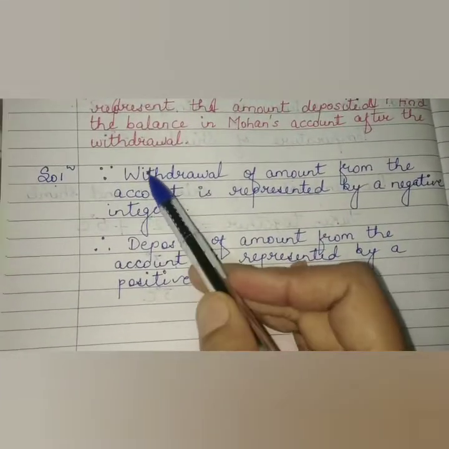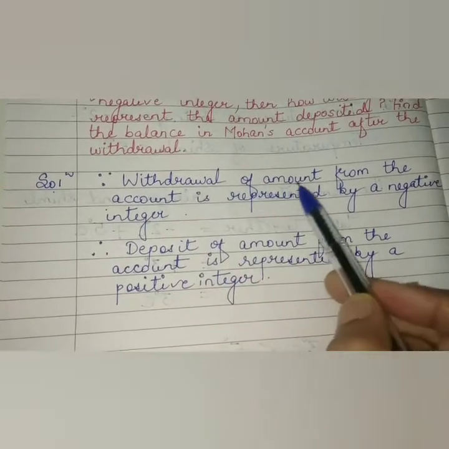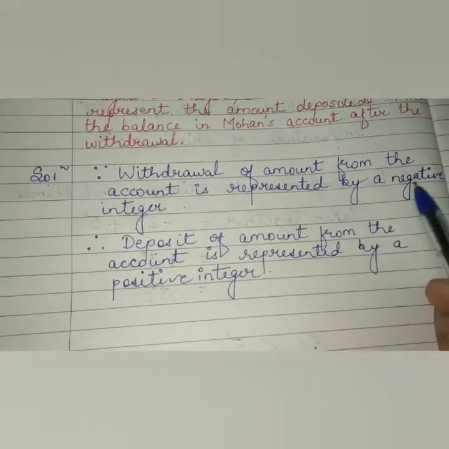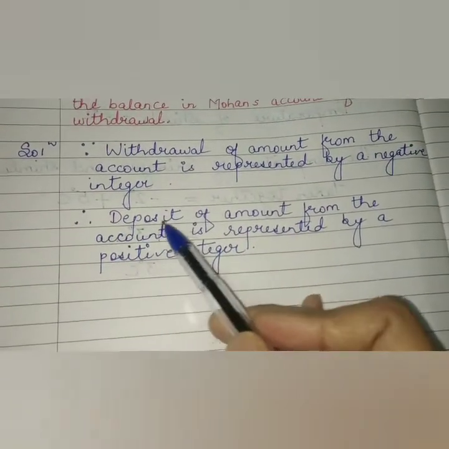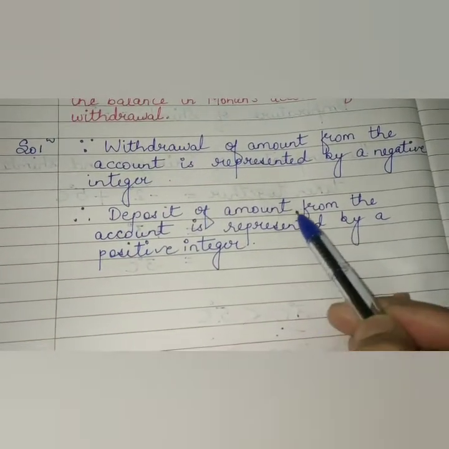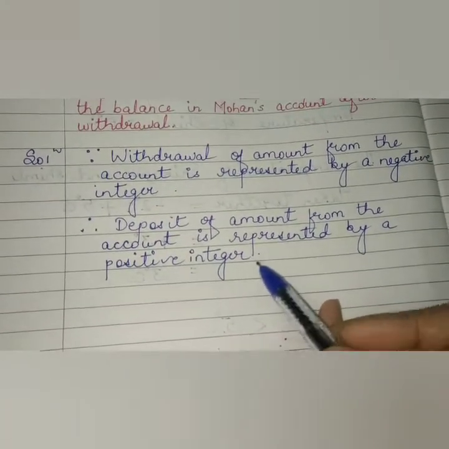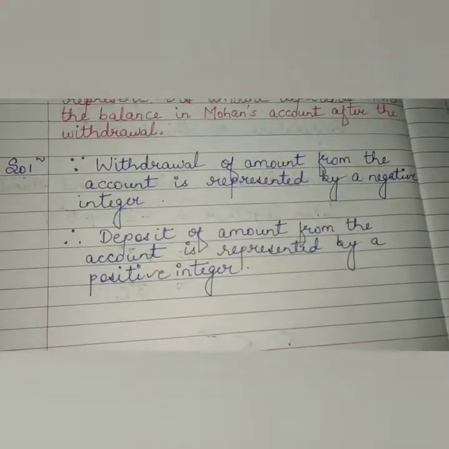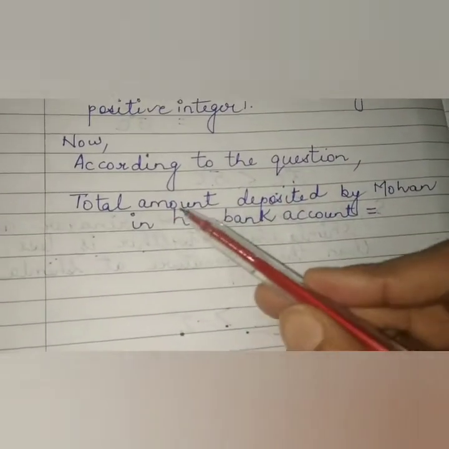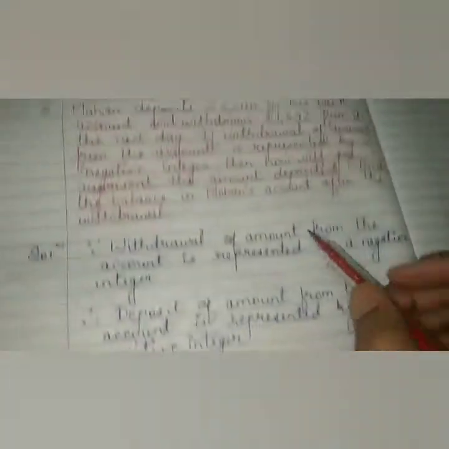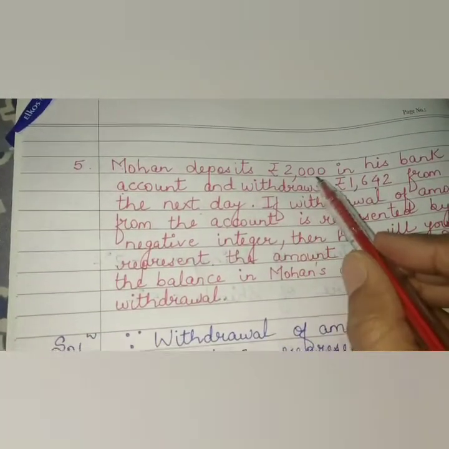Now, what I have written: since withdrawal of amount from the account is represented by a negative integer, therefore deposit of amount in the account is represented by a positive integer. We have to write like this. Now, total amount deposited by Mohan in his bank account. How much amount has he deposited? Rupees 2000.